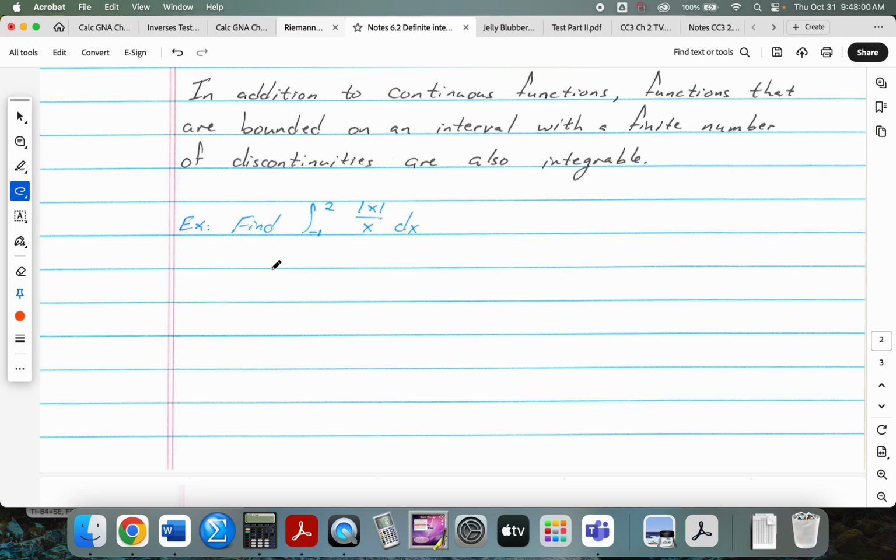Now, the absolute value of x over x doesn't exist at 0, right? But for anything greater than 0, the absolute value of x and x are equal, right? So that's just going to be 1. And for any value of x less than 0, that's going to be -1 because we're going to have a positive over a negative.